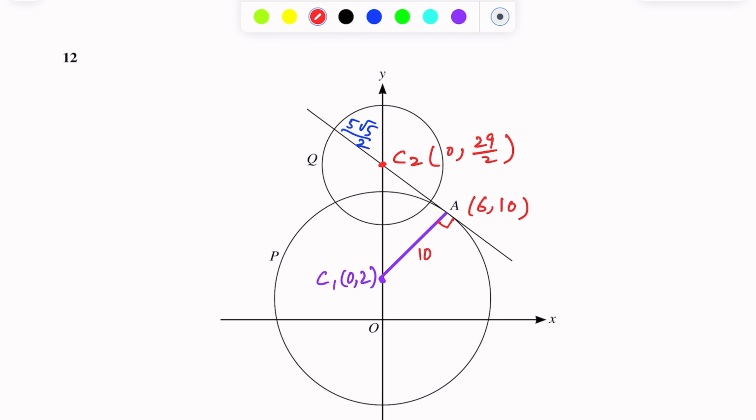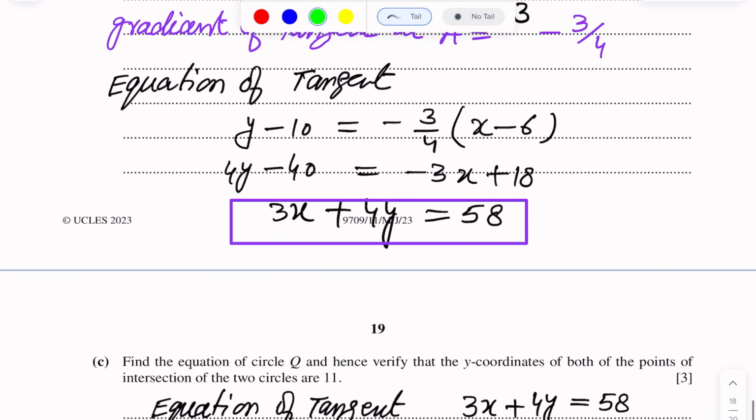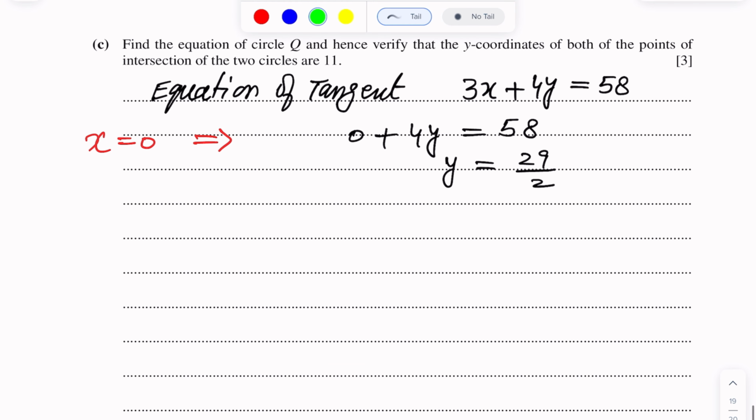Now we can find the equation of this circle Q because we have the radius and the coordinates of the center, which is (0, 29 over 2).